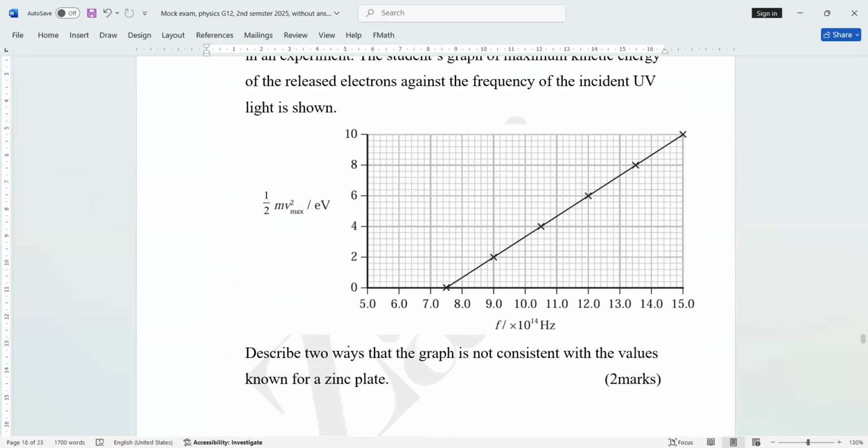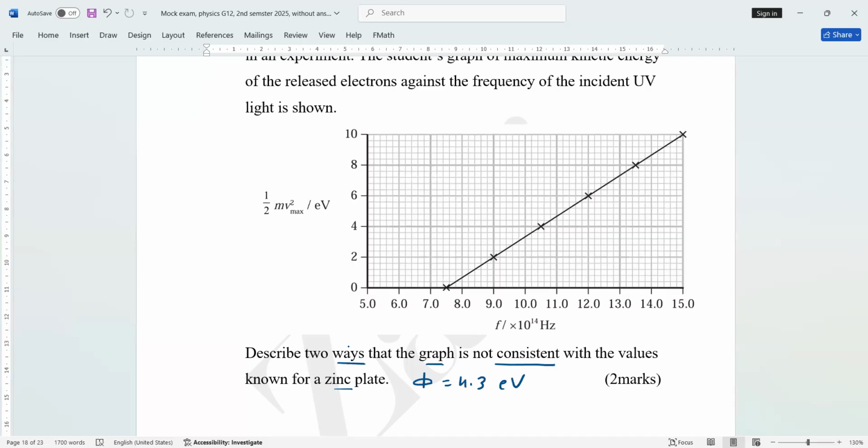Describe two ways that the graph is not consistent with the values known for the zinc plate. Now, for the zinc plate, we have the work function. From the previous part, the work function is given.